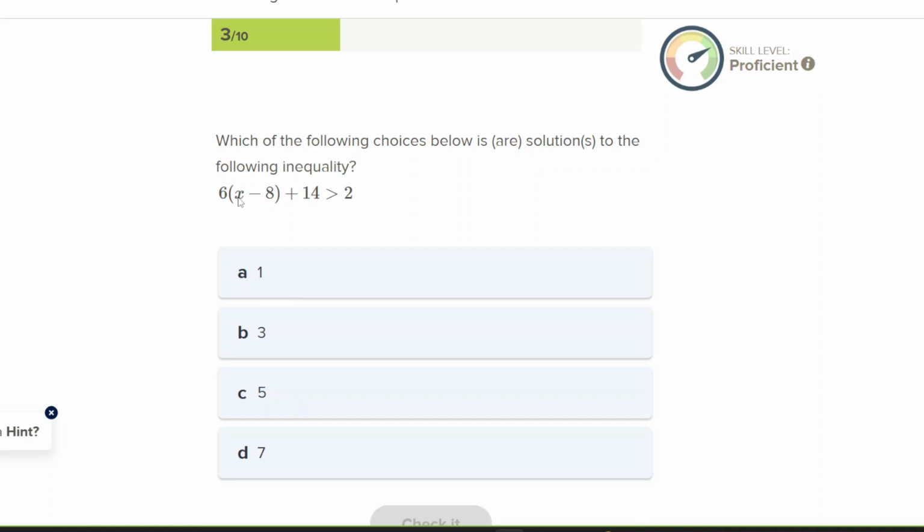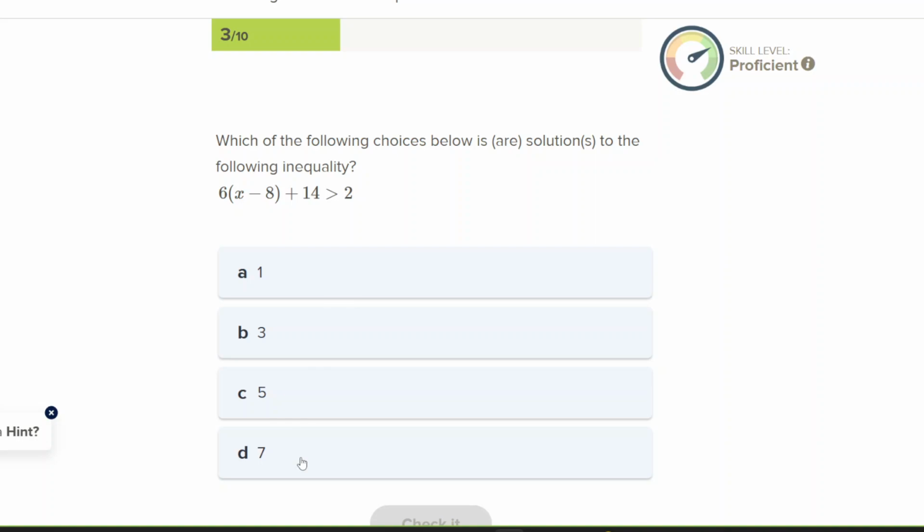If x were 5, 5 minus 8 is negative 3. 6 times negative 3 is negative 18. And then negative 18 plus 14 would be negative 4. Is negative 4 greater than 2? Again, no.